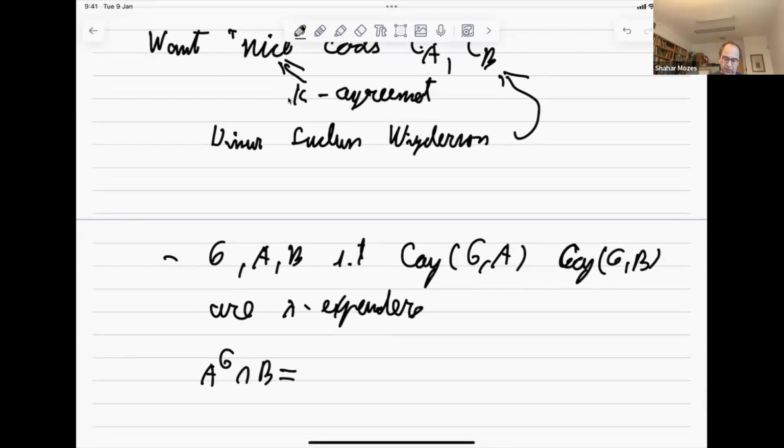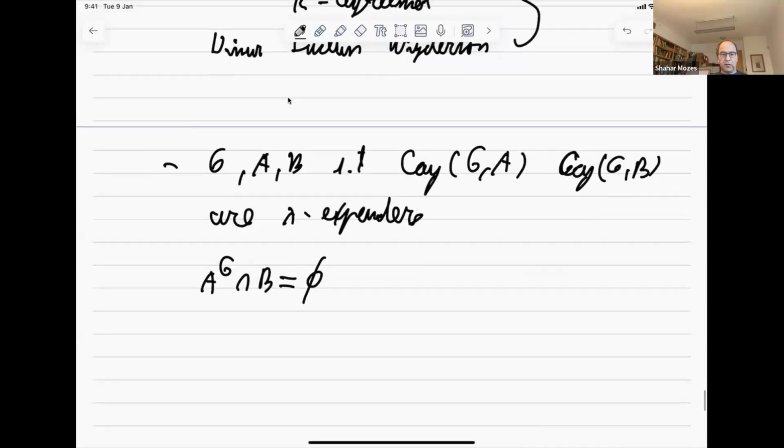So you want this to be empty. So let me tell you how you do this. As I said, there are various constructions of Cayley graphs. The one which we try to use is a construction due to Lubotzky.